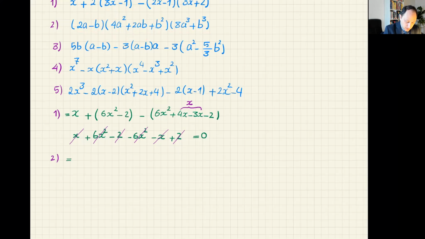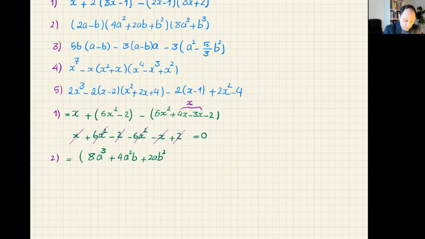So I open a pair of brackets: 2a times 4a squared becomes 8a cubed. 2a times 2ab becomes 4a squared b. And then 2a times b squared becomes 2ab squared, yes?